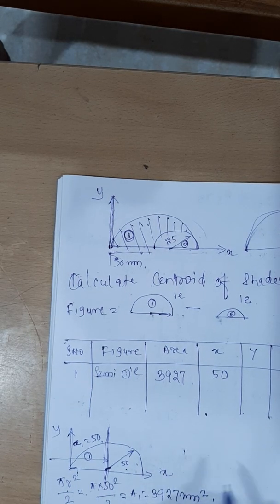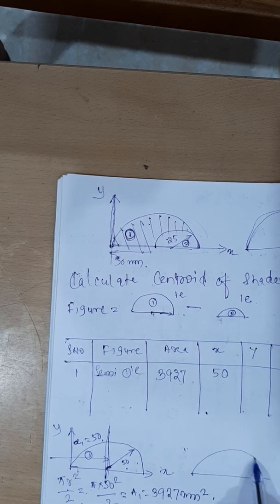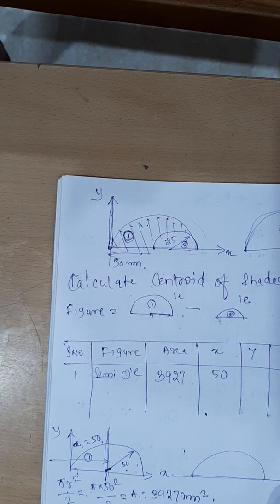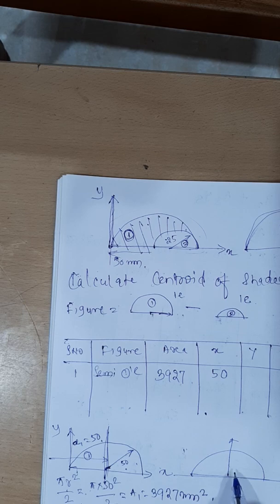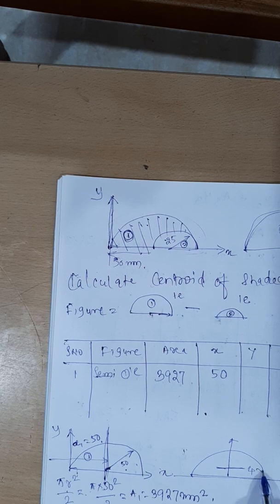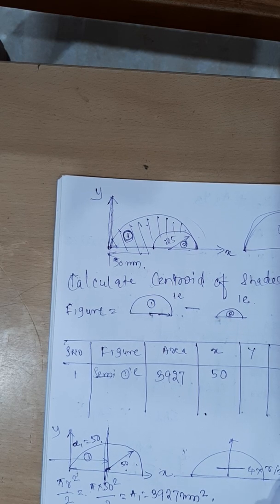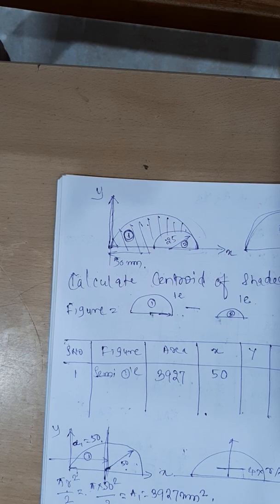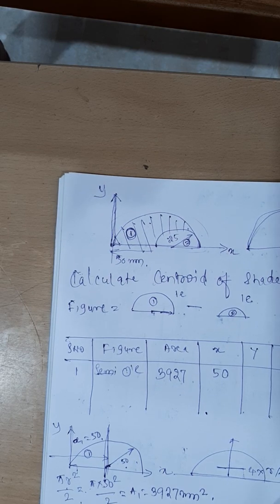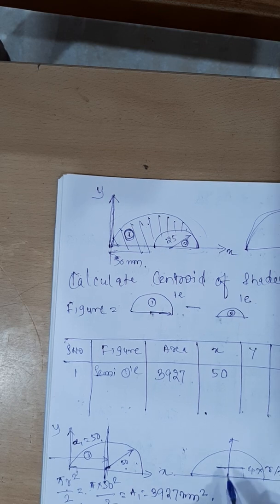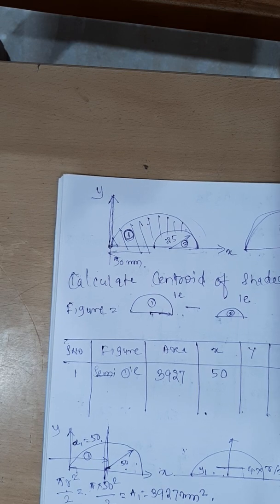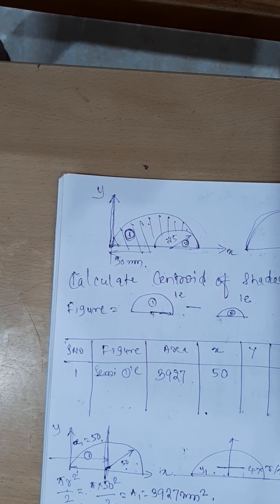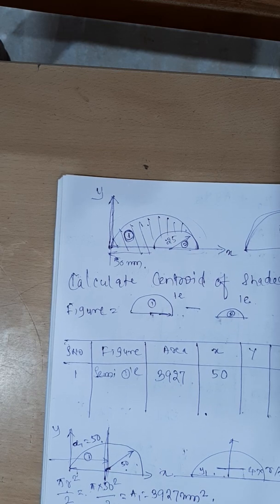Go for the y. The figure is like this, your x line is here. You want the center of this figure in this direction. Therefore, the value is 4r divided by 3π. From this line it is 4r divided by 3π only. So it is 4 into r, equal to 50, divided by 3 into π.